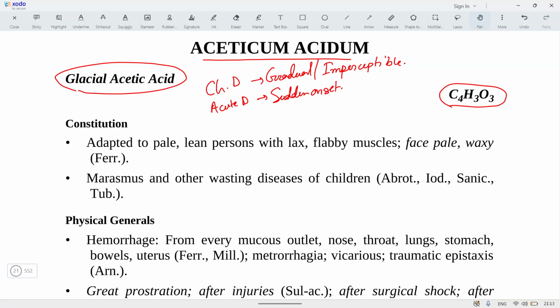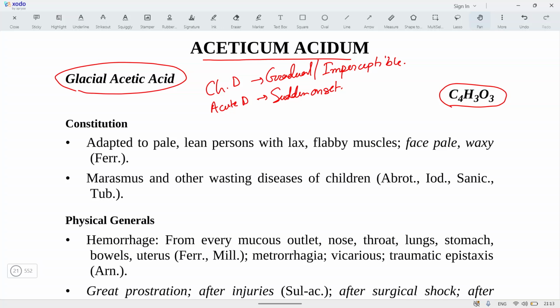In case of chronic disease, we have to prescribe our medicines based on the fundamental symptoms of our drugs. That means in chronic cases, we must understand the constitution of the medicine, the physical and mental makeup, the generals of the medicines. The general symptoms hold key importance in chronic diseases, whereas in acute diseases the particular symptoms hold much importance.